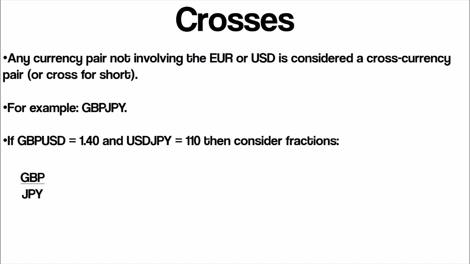So we can look at fractions and say GBP over JPY is equal to GBP over USD multiplied by USD over JPY, and the USDs cancel obviously. Then you can just multiply out the rates. So 1.4 times 110 is 154. That's how you do it, and that's in fact how you would trade it in the market if you wanted to do a sterling yen trade.